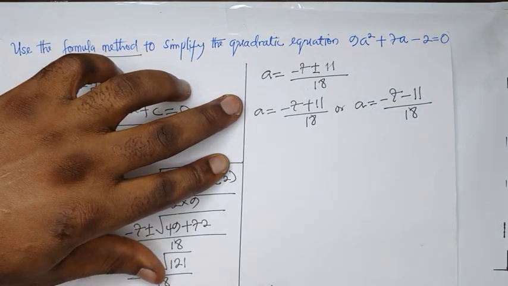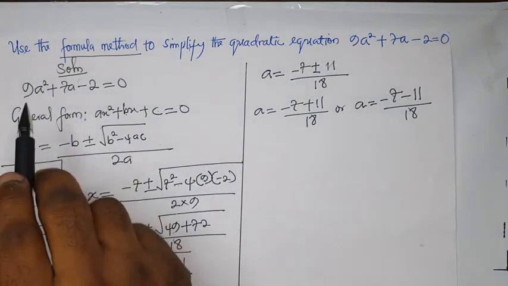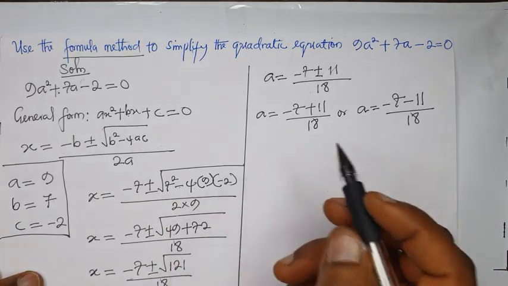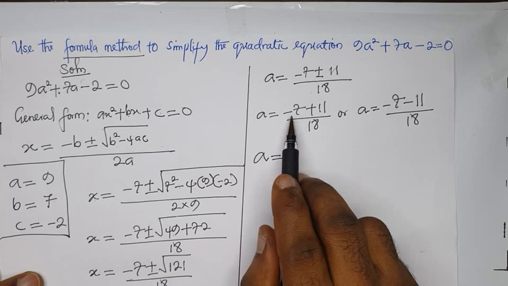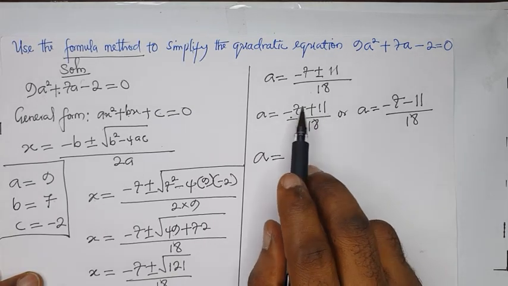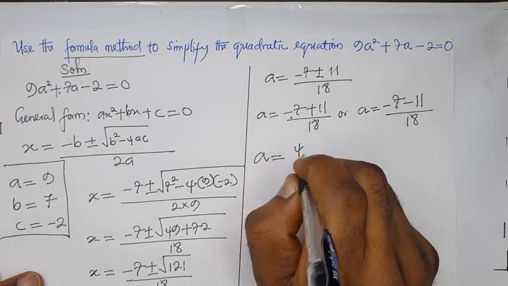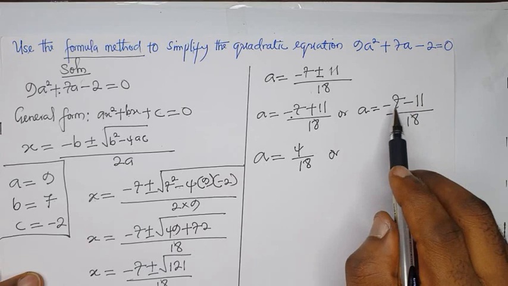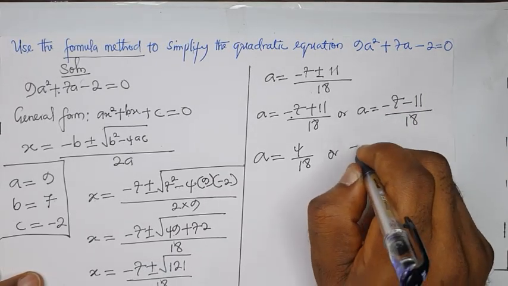Let's solve. A quadratic equation always ends with two answers. That is why we have the highest power of the unknown as 2. It's an equation of degree 2, okay? Now coming down, a will be equal to negative 7 add 11. It's the same thing as subtracting 7 from 11, and that gives us 4. 4 all over 18, or negative 7 minus 11 gives us negative 18.